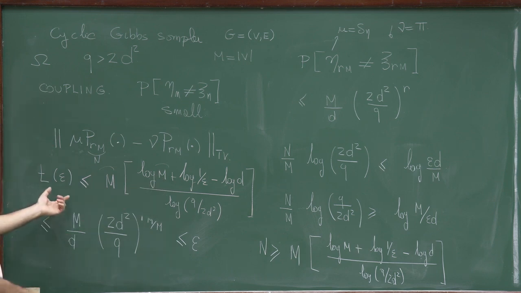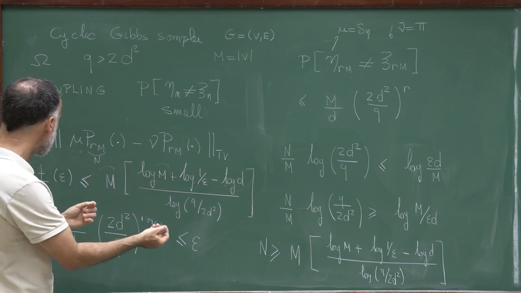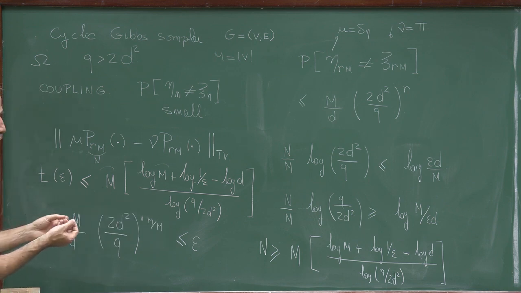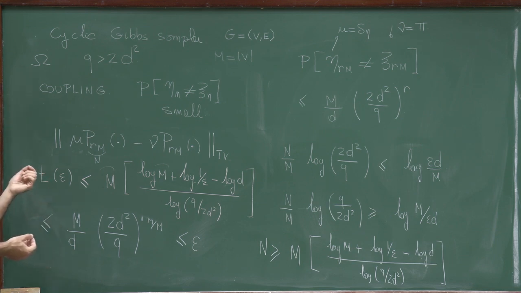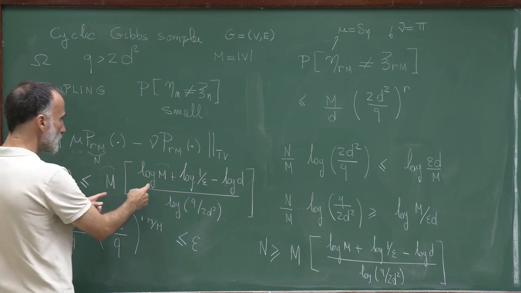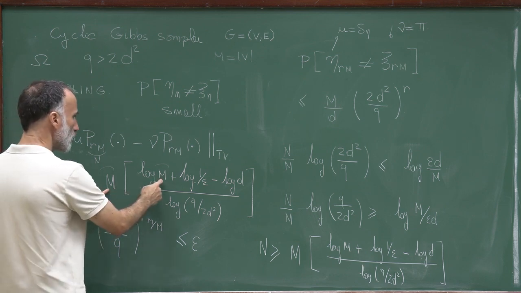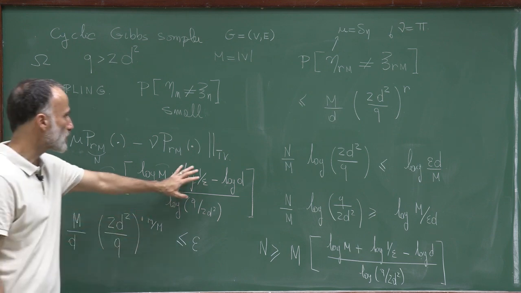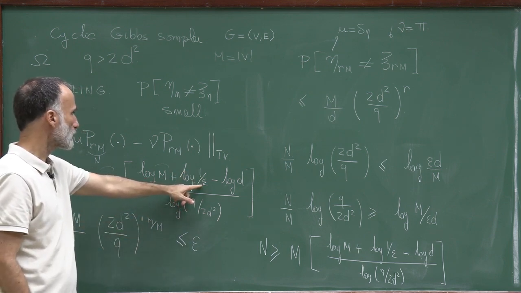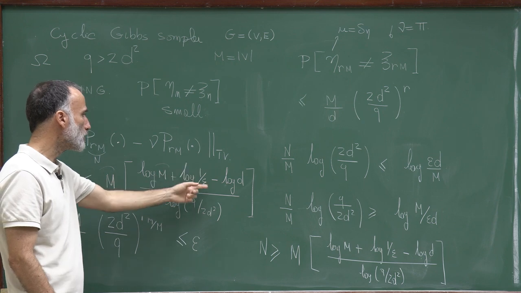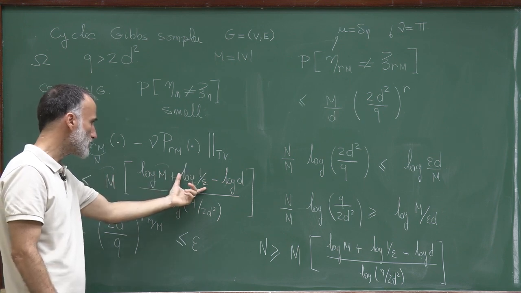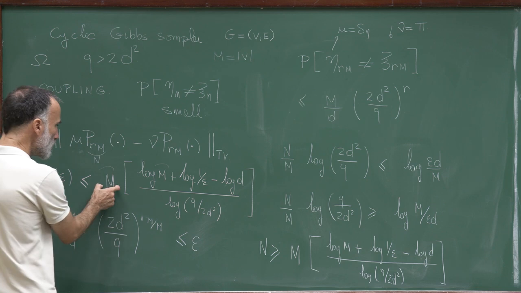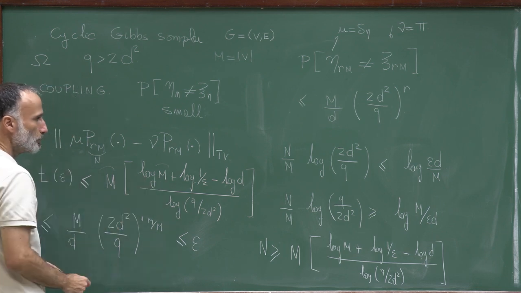So if you want your Markov chain, the distribution of your Markov chain, to be at distance epsilon in total variation with respect to the stationary state, you have to run your Markov chain up to time m log m. Here this is a constant, so you have to add a number in order to make it distance epsilon, but you see that the main factor here is m log m.